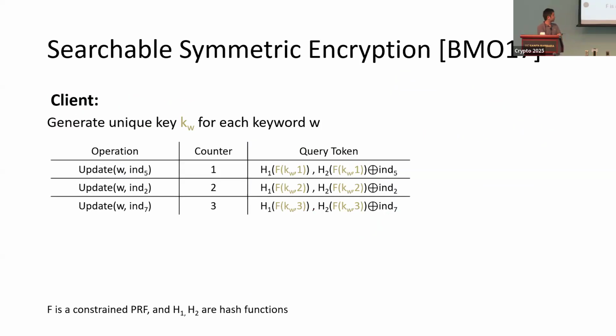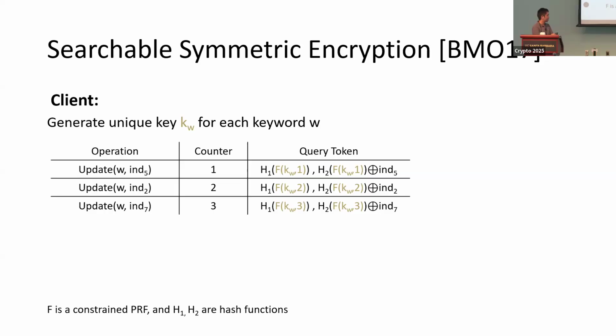So for the actual scheme, here F is a constrained PRF, and H1, H2 are hash functions. The client will generate a unique key K_W for each keyword W. You will then keep a counter to keep track of the number of document IDs that have been linked to this keyword. You will then use the constrained PRF to evaluate the root key using this counter.